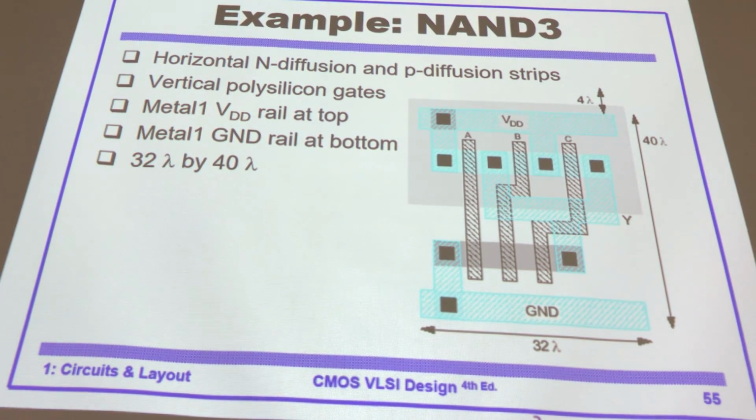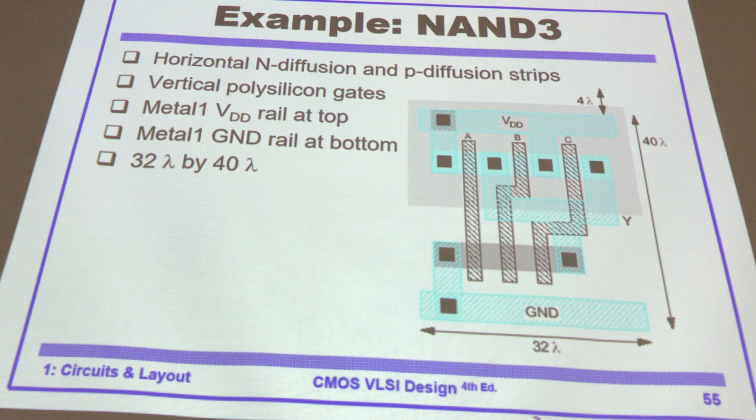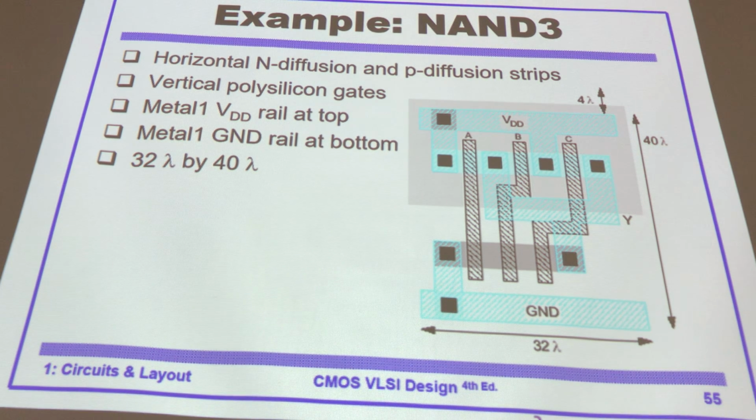How about the 3 input NAND gate? This is the layout. Can you see that? Can you look at the layout and reason that this is the 3 input NAND gate? Why does the 3 input NAND gate look like this? Again, VDD and ground are the power rails.